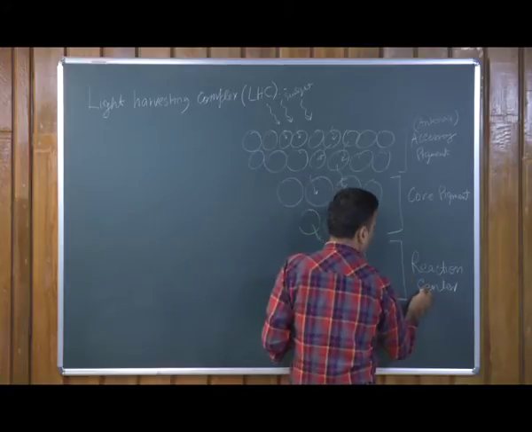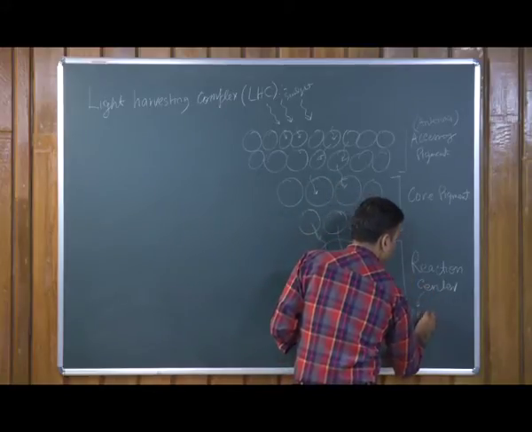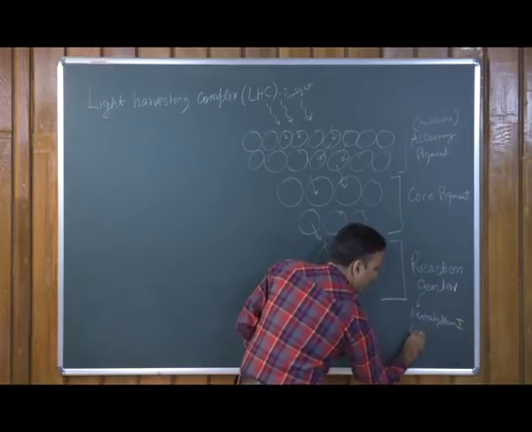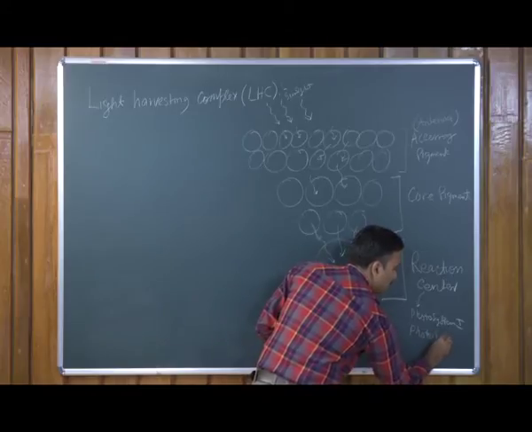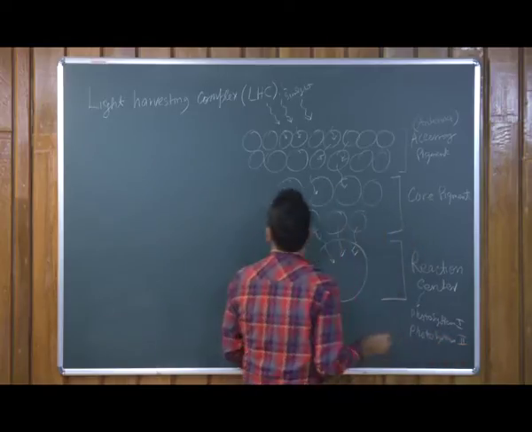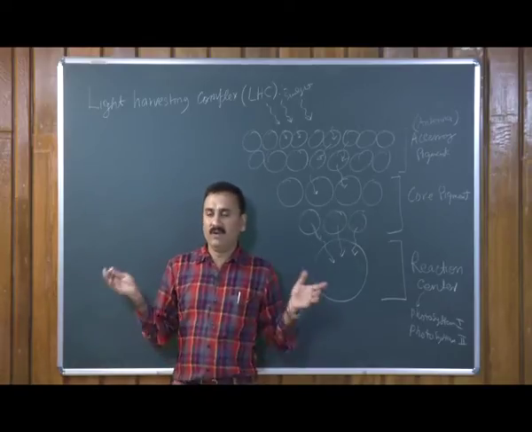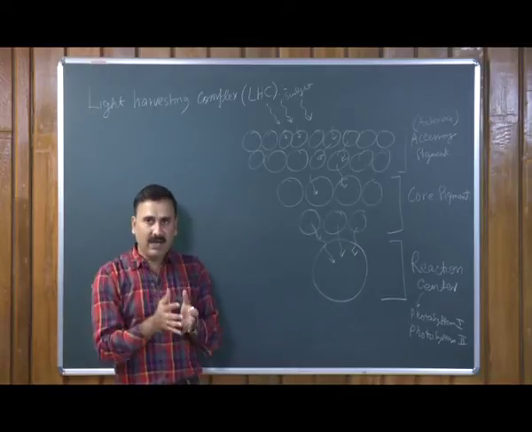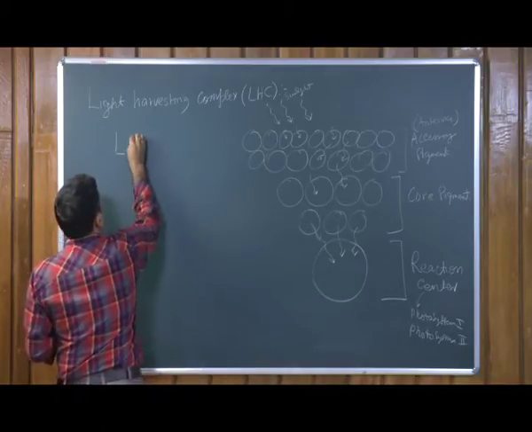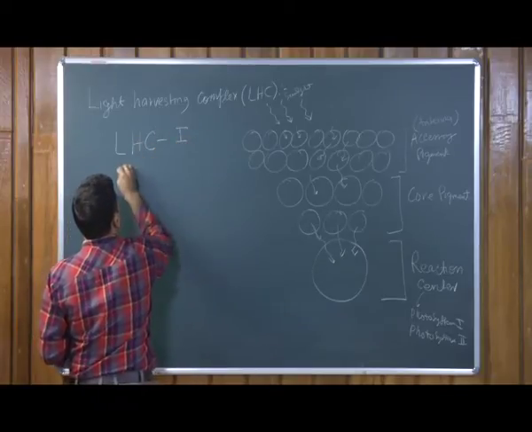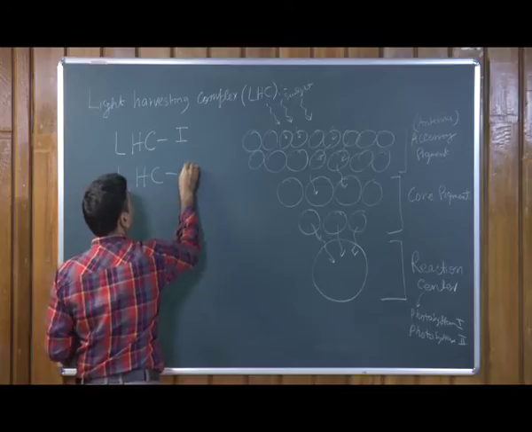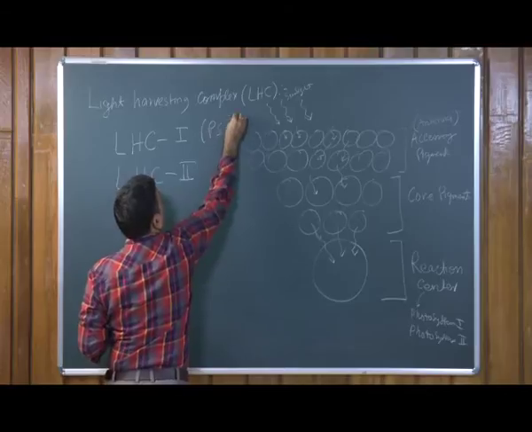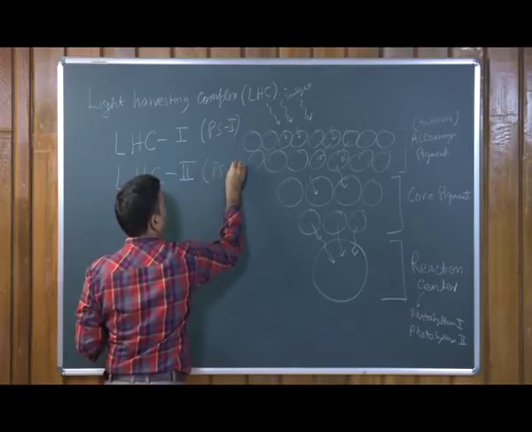One is called photosystem 1 and the other is called photosystem 2. Accordingly, we have two different types of light harvesting complex, called light harvesting complex 1 and 2, LHC 1 and LHC 2. LHC 1 contains photosystem 1 and LHC 2 contains photosystem 2.